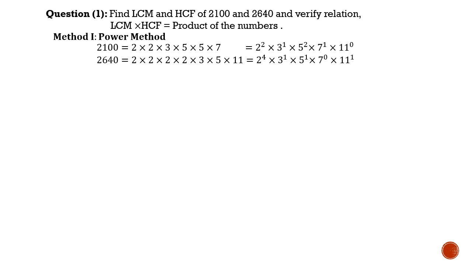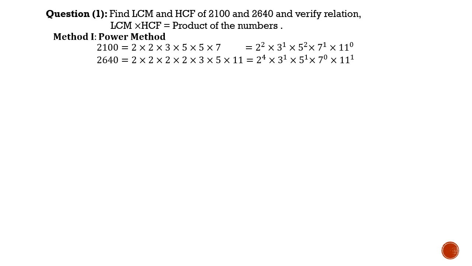First, the common factors 2, 3, 5 and the uncommon factors. 7 is present in the factorization of 2100, but not in 2640. Similarly, 11 is present in the prime factorization of 2640, but not in that of 2100. So we are going to adjust them by taking the powers as 0 accordingly.